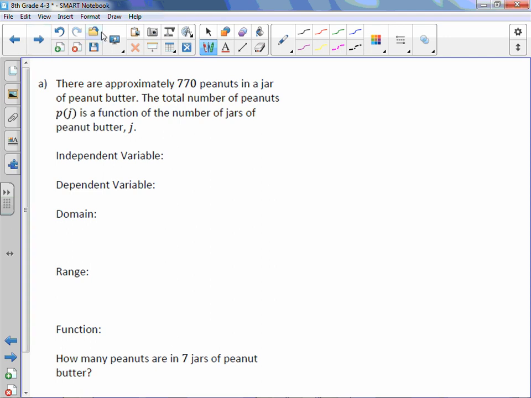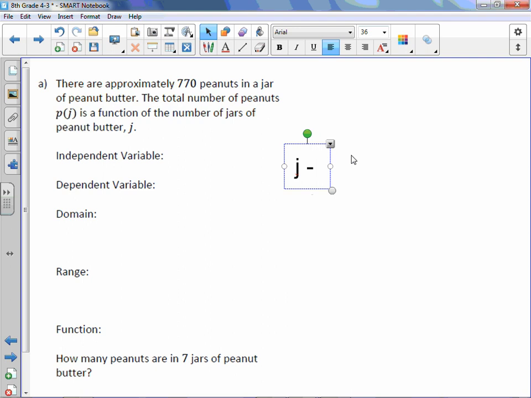The total number of peanuts, P of J, is a function of the number of jars of peanut butter, J. Our independent variable in this case would be J, which represents the jars. Which means our dependent variable is P of J, which represents the number of peanuts.